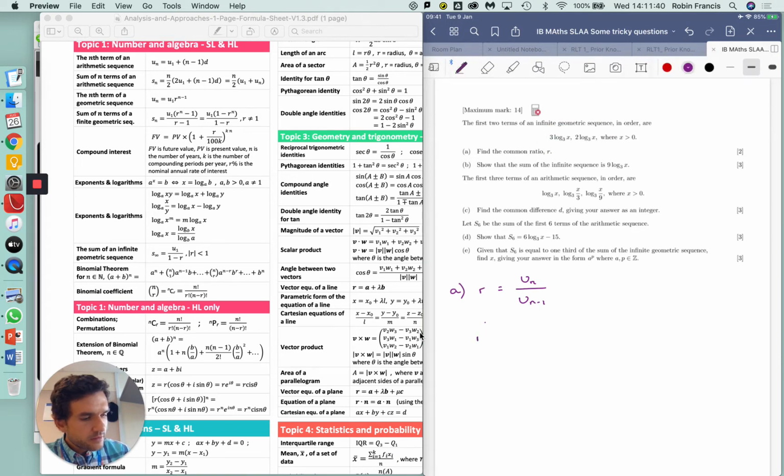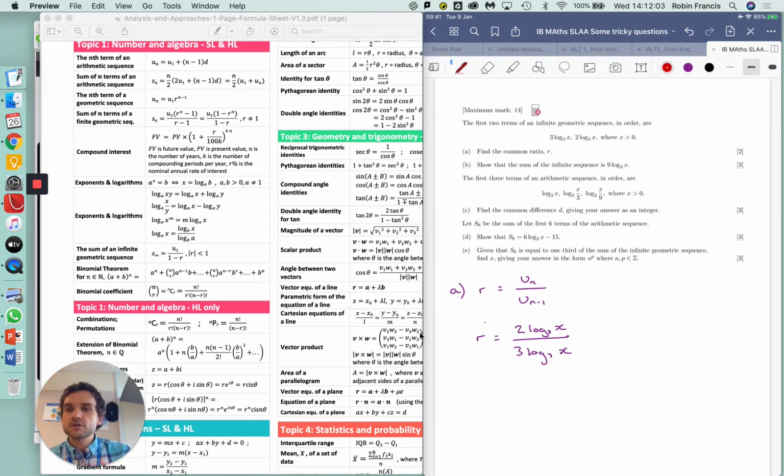So R in this case is equal to 2 log base 3 of x divided by 3 log base 3 of x. Now what's happened here, which is quite nice, is I've got just the number 2 multiplied by log base 3 of x, and the number 3, which is multiplied by that same thing, log base 3 of x.